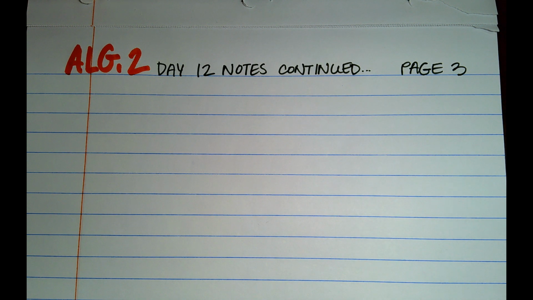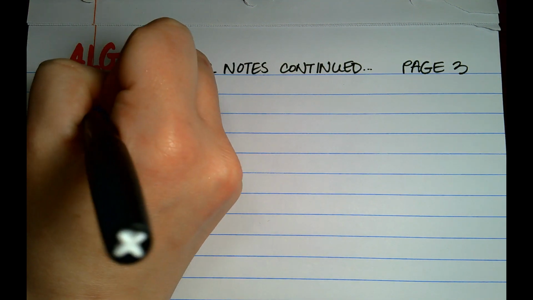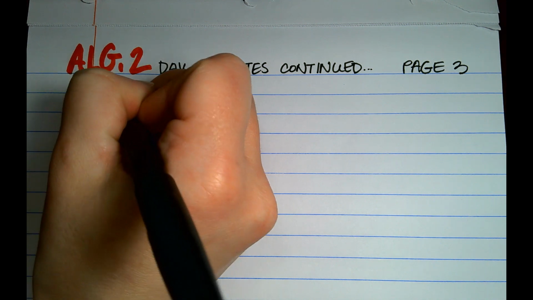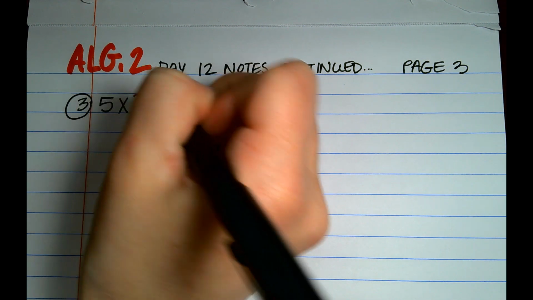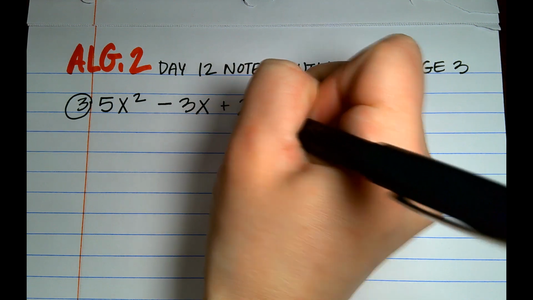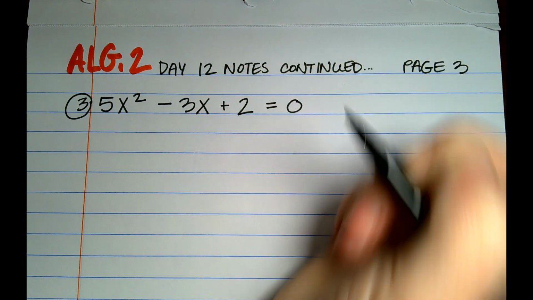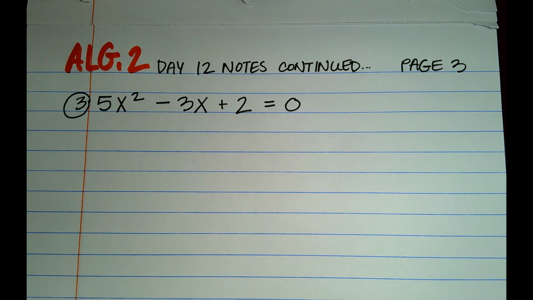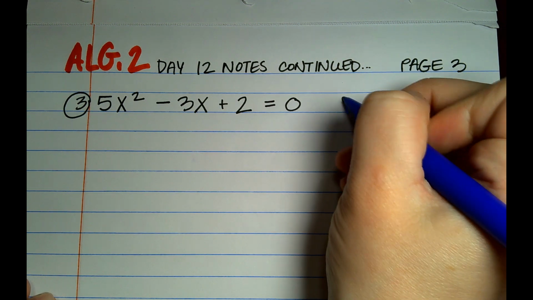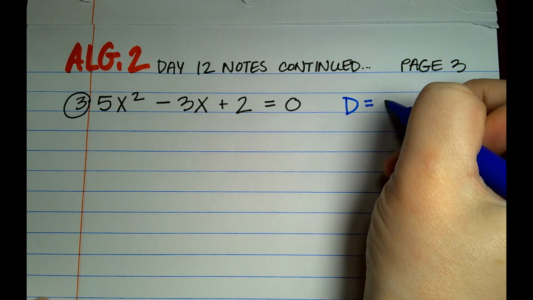So, last thing we'll do, last problem. Number 3 from the do now was 5x squared minus 3x plus 2 equals 0. And what was the discriminant that we found as our answer? Negative 31. So I'm going to just keep that out to the side.